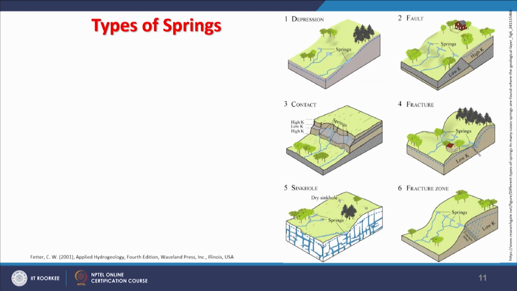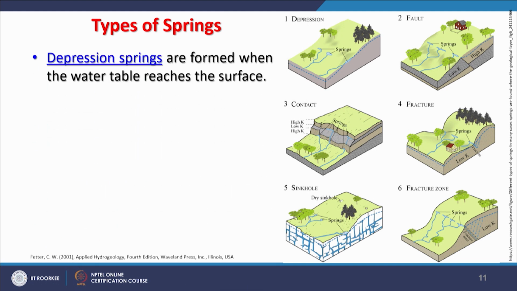Now, before we go to thermal springs and other things based on temperature classifications, we will see the types of springs based on their locations, where they are located, and the 6 types of springs which we are seeing here. The first one is depression springs, which are formed when the water table reaches the surface.